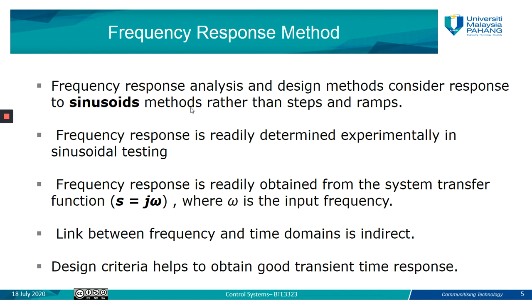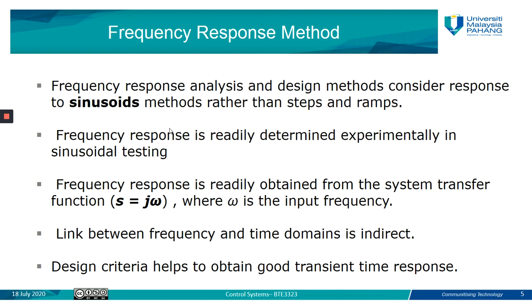And we said these functions are used in order to test the steady state response of the control system. For the frequency response, the focus will be more on the sinusoidal input to the system. We apply a sinusoidal input, then we measure the response or the output of the system. The focus in this case will be more on frequency.